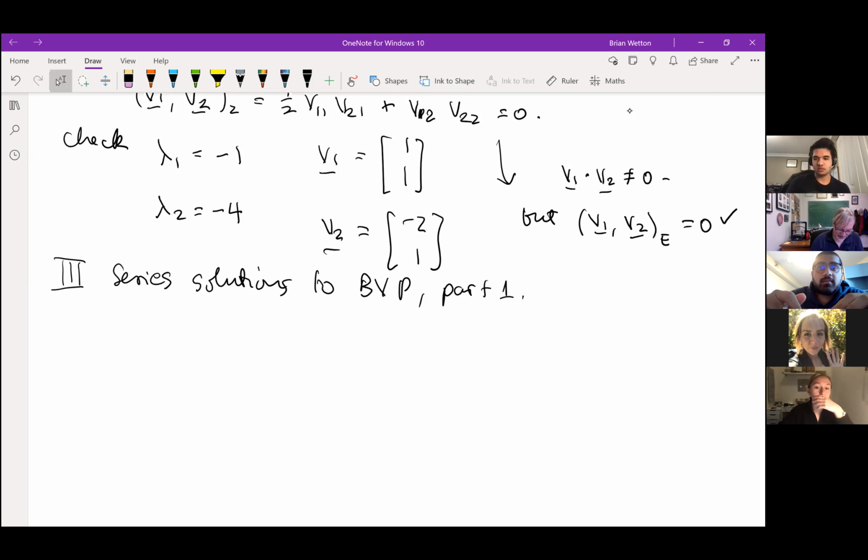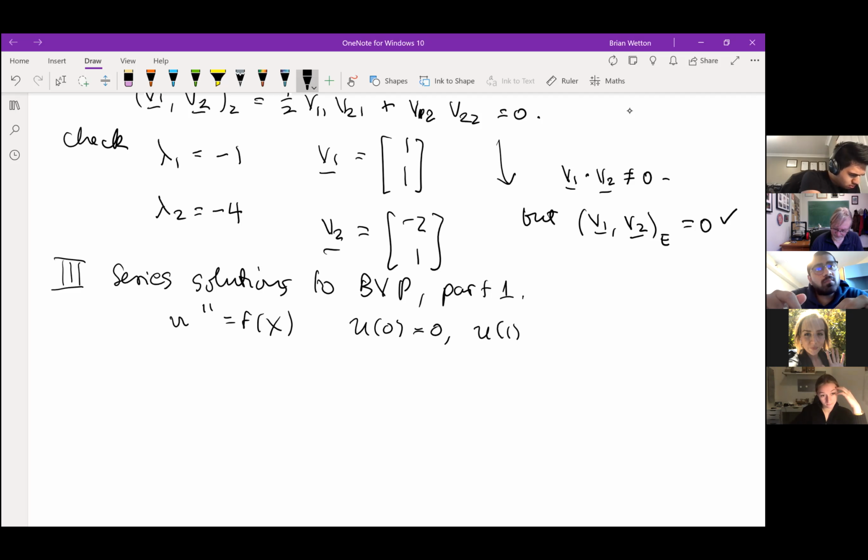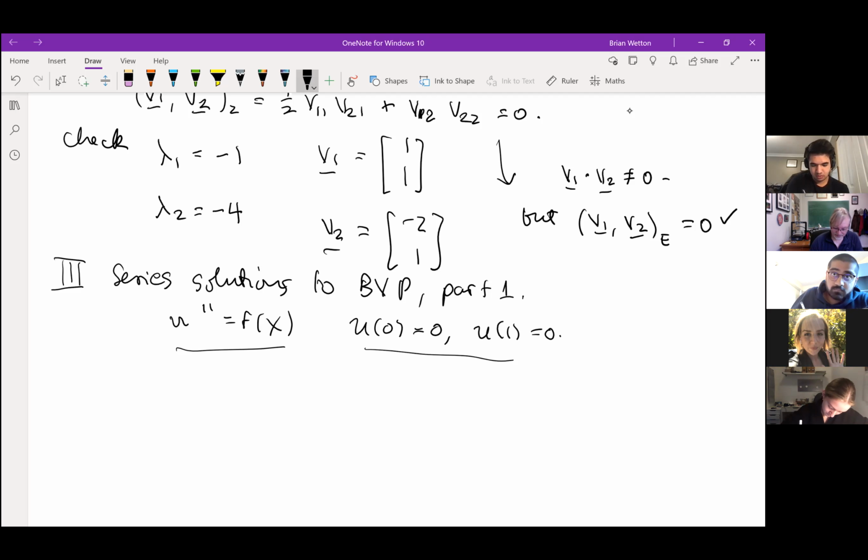Okay, so let's look at this problem. And remember, when I talk about a boundary value problem, it's not just the differential equation part, it's the boundary conditions as well, if I want to talk about the problem. And so it's linear. I'm going to encode that whole problem in this notation.